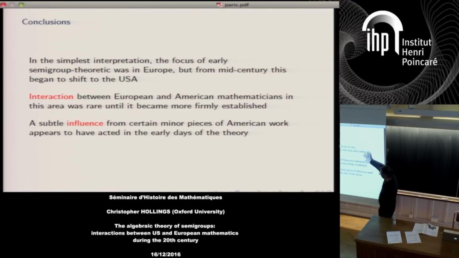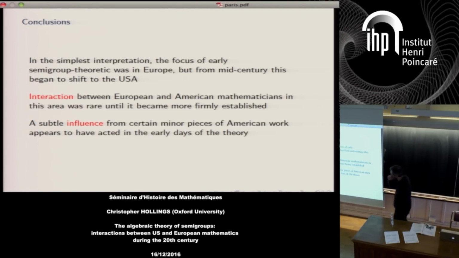So there's a very clear, simplistic interpretation of the development of this theory, that the center of gravity, if you like, shifts from Europe to the United States, but the American influence is there a little bit earlier, but I still have to look into that a bit more.